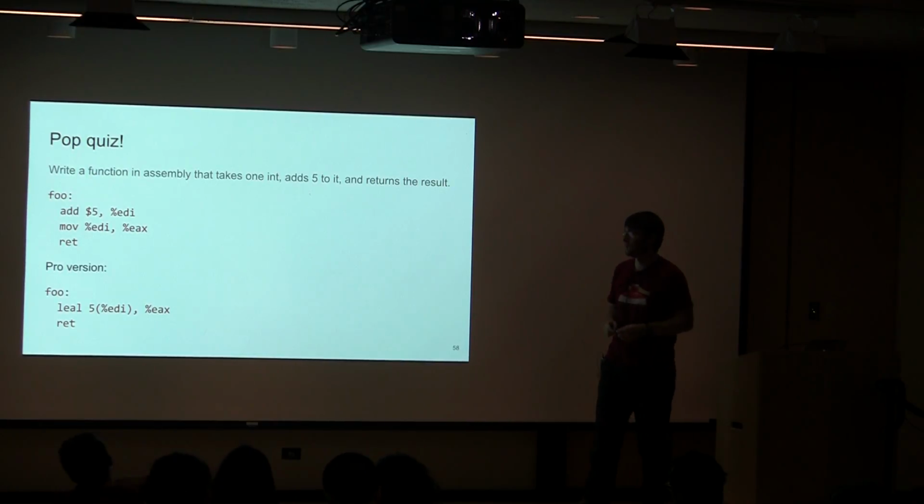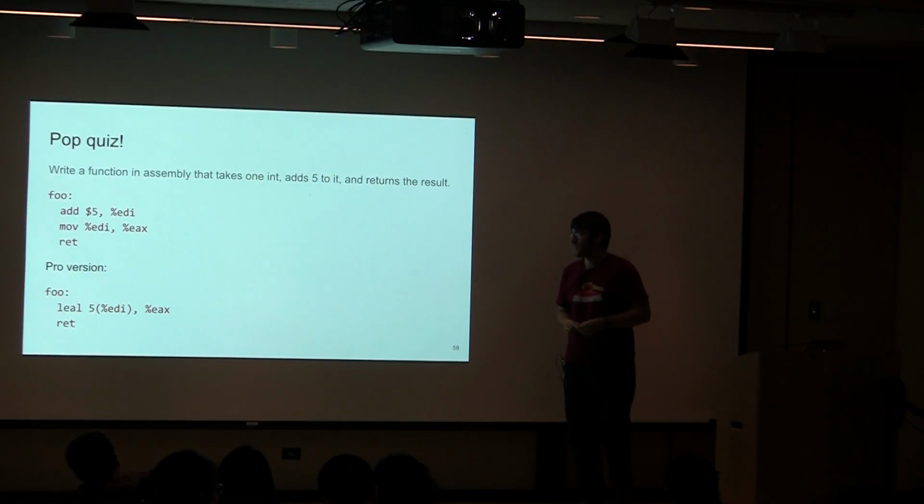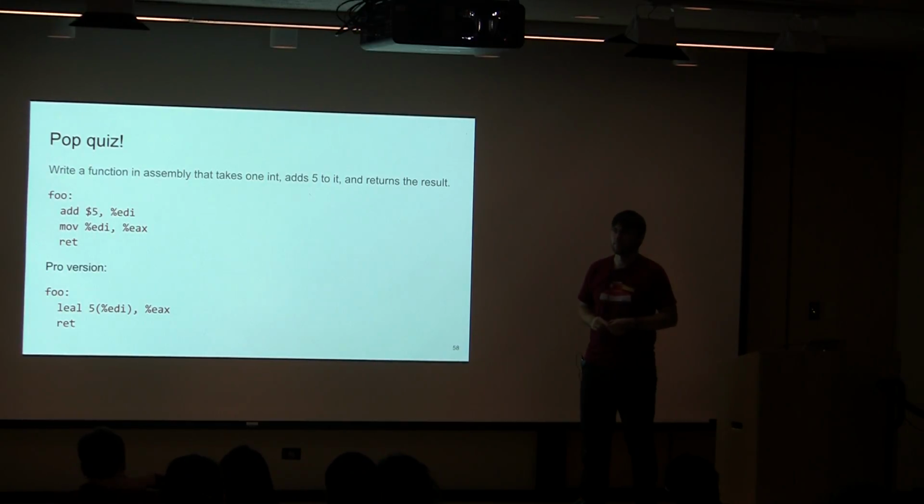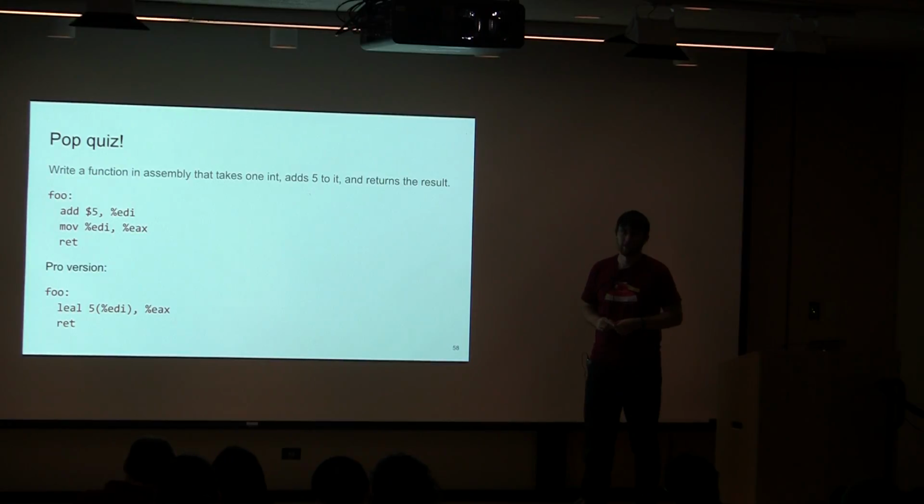What is the L at the end of the LEA? That's a size suffix. I didn't talk about those in depth. When it's not clear from context, there are sometimes suffixes to the instructions that determine how many bytes it's operating on. The suffixes themselves are totally unintuitive.